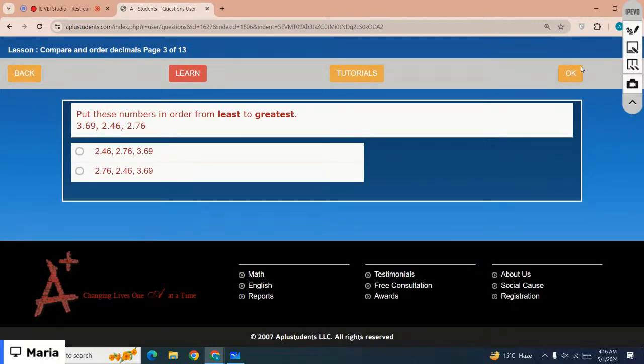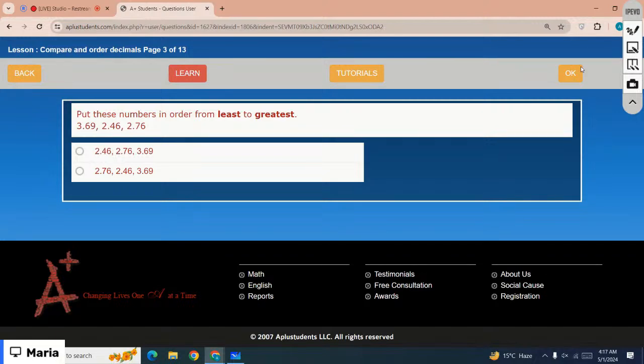Put these numbers in order from least to greatest. So which is the correct option? You have to arrange them from least to greatest.